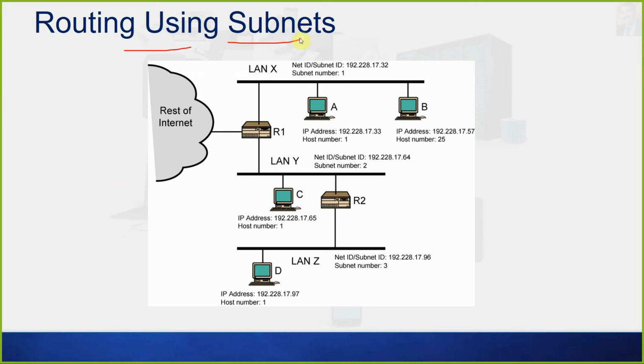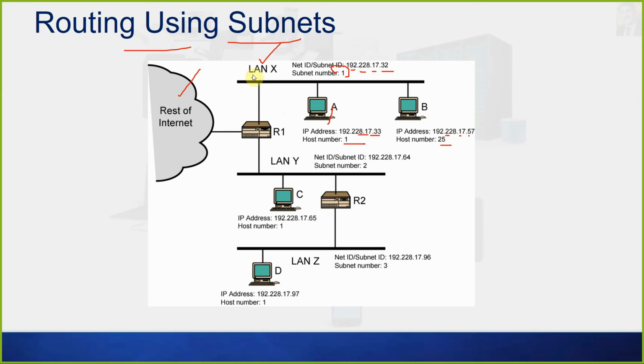Routing using subnets. The rest of the internet. Here we are talking about LAN X, with addresses 192.228.17.32, subnet number 1. This IP address 192.228.17.33, 192.228.17.57, host number 25, and host number 1.